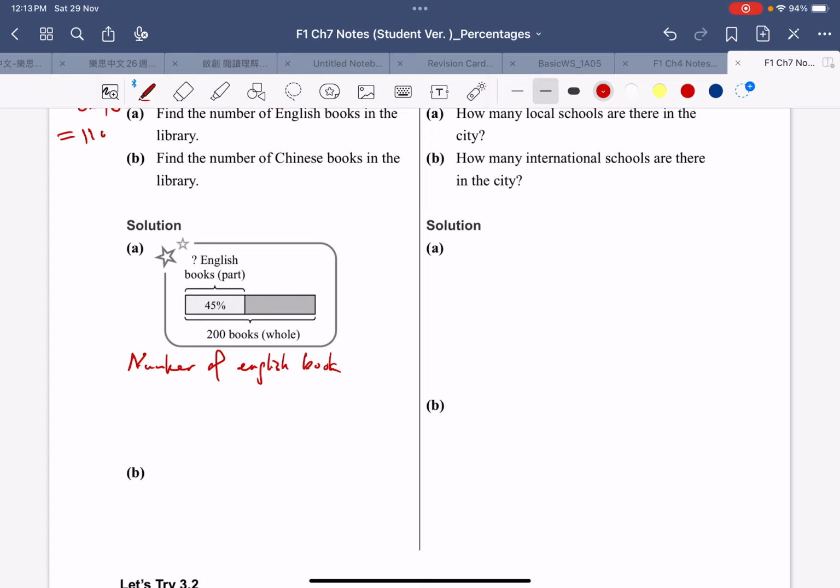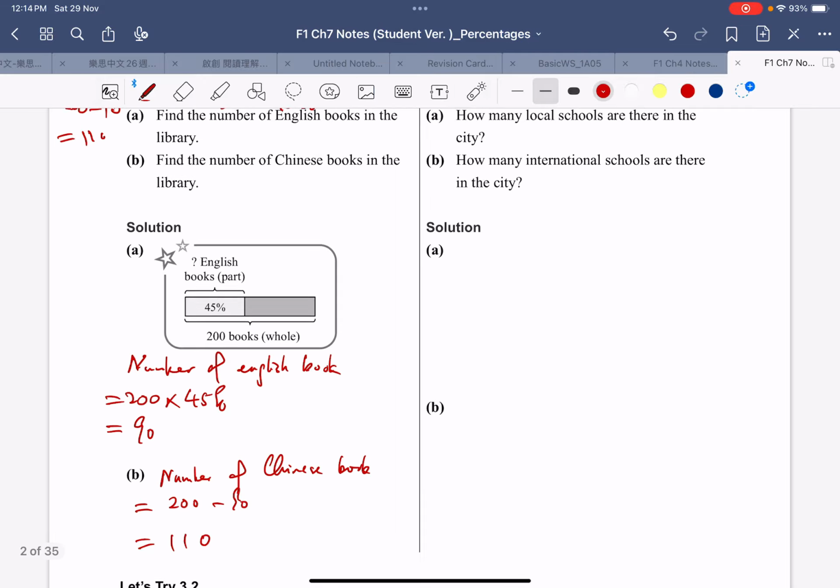Here will be 200 times 45% equals 90. This is the number of English books, and then the number of Chinese books will be 200 minus 90, which gives you 110.